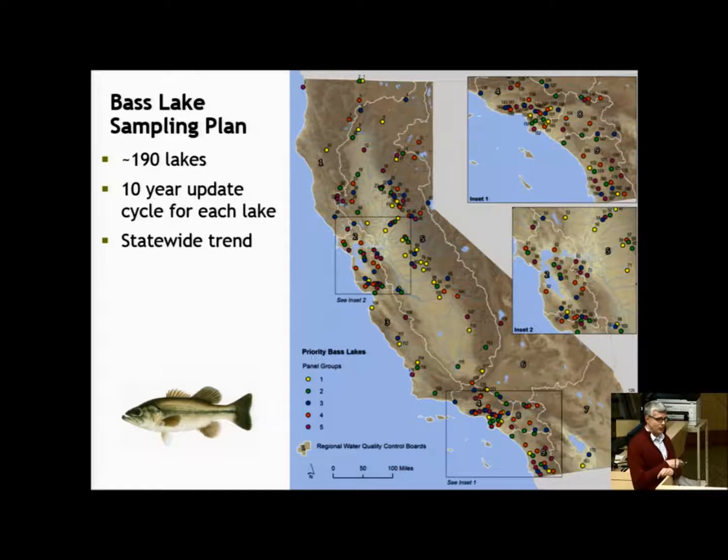To fit within the budget, we do 5 rounds over the 10 years. So every odd year we go out and we sample 1/5 of these lakes, and each time we do it in a randomized way. So each year we'll get a good estimate of the statewide average for these lakes. And then over time we'll be able to track trends in the statewide average, which is a big data gap.